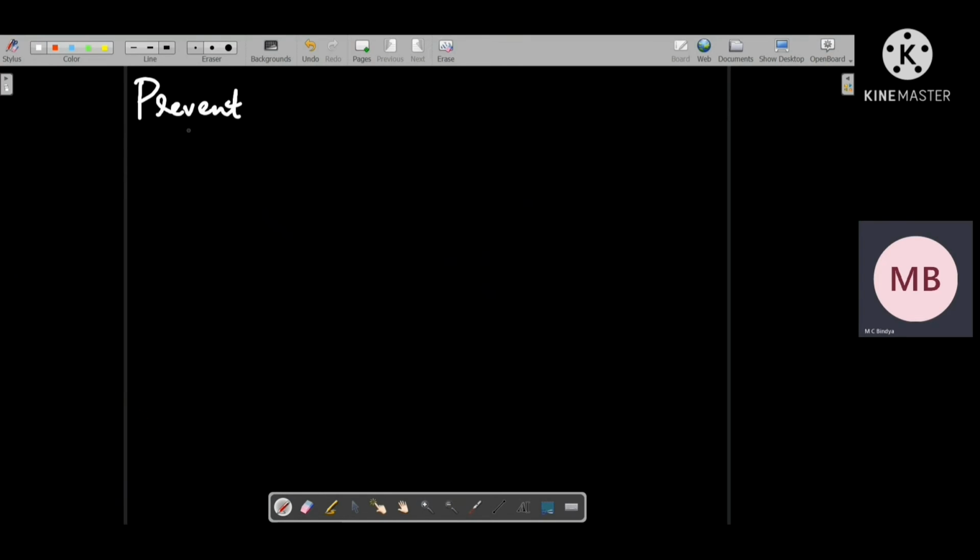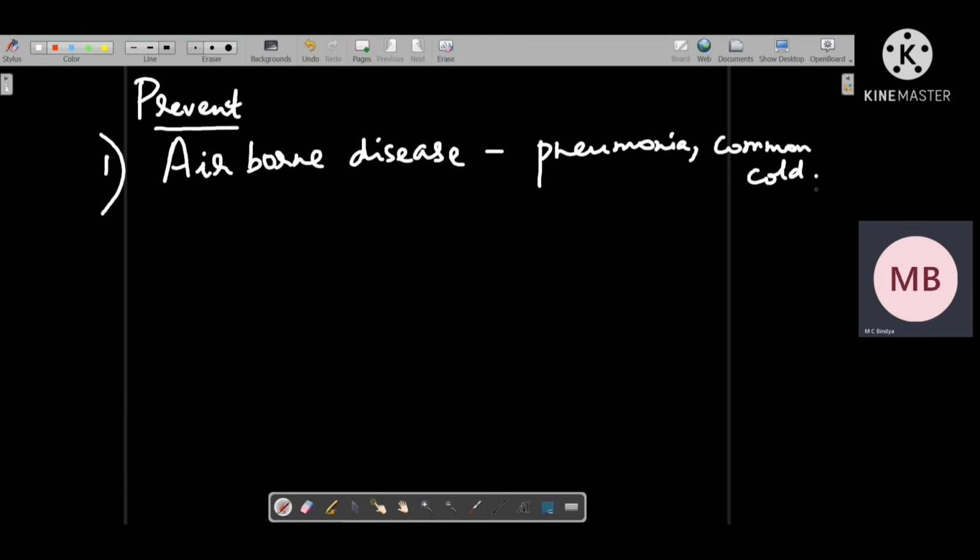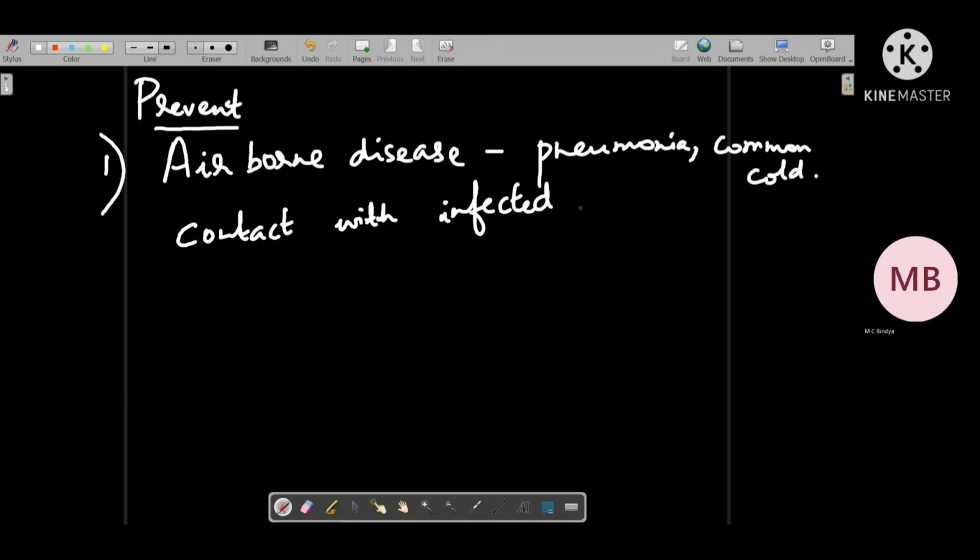How to prevent these diseases? That depends upon how the disease is caused. If it is an airborne disease, like common cold, pneumonia, contact with infected person should be avoided.